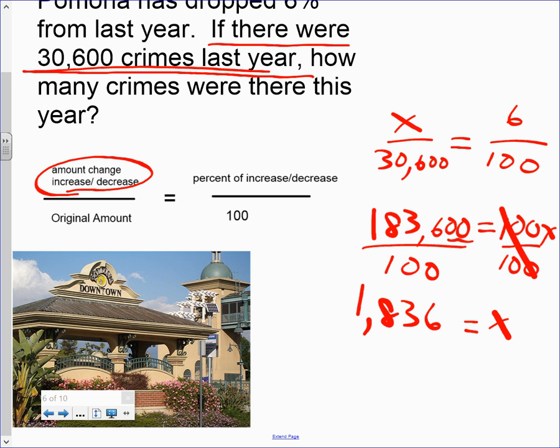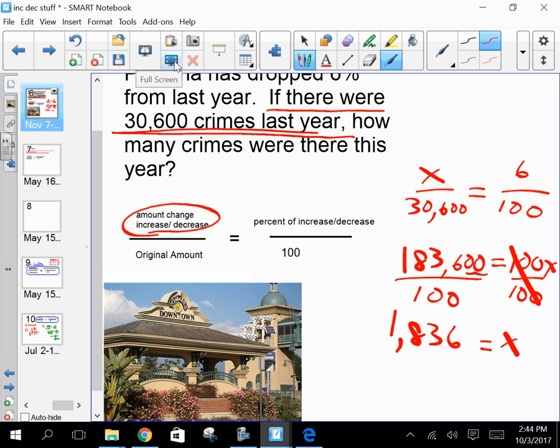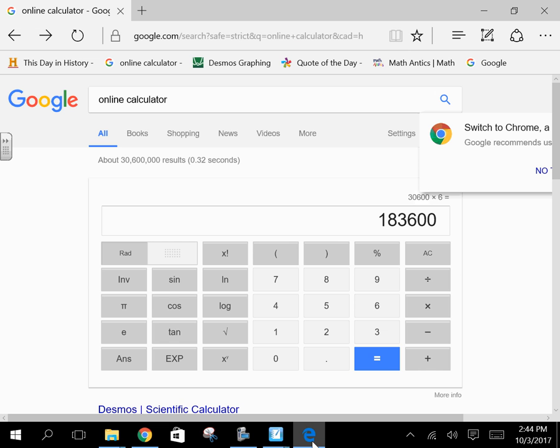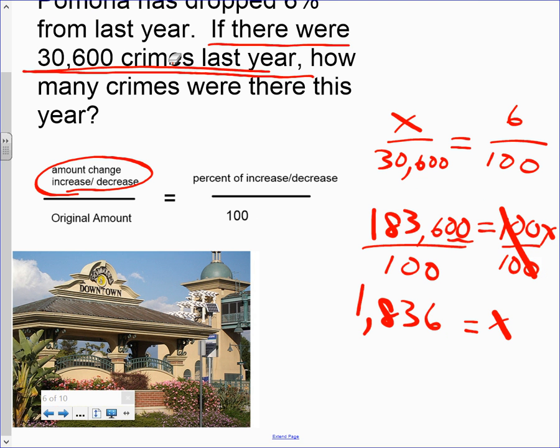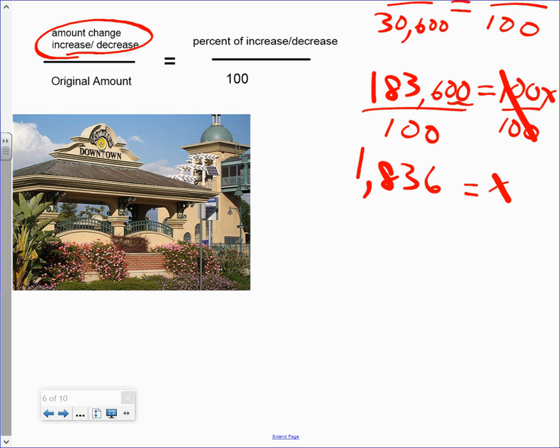So let's see, 30,600 minus 1,836, 28,764 crimes. Is that an increase or decrease? Decrease. What percent? Gonzalez, is that an increase or decrease in crimes?